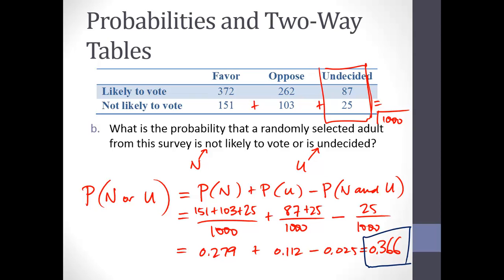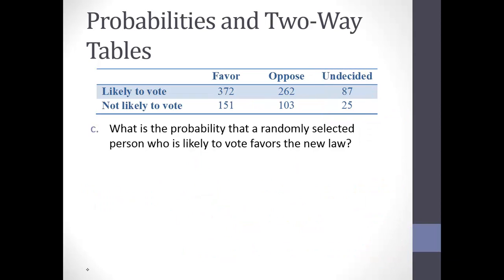All right, I think we have a couple more questions in this example. Thirdly here, what is the probability that a randomly selected person who is likely to vote favors the new law? So again, let's let this equal capital L and favors the new law be a capital F. So what probability do I want here?